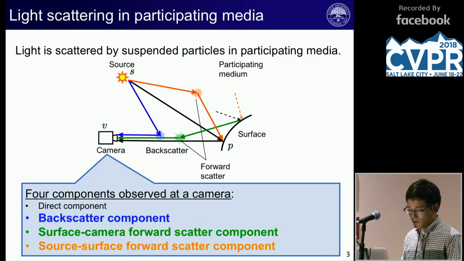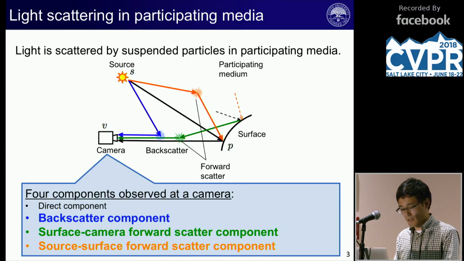Besides the direct component, we have 3 scattering components. The first one is a backscatter component shown by blue line. The backscatter component reaches the camera without arriving at the surface due to backscatter.